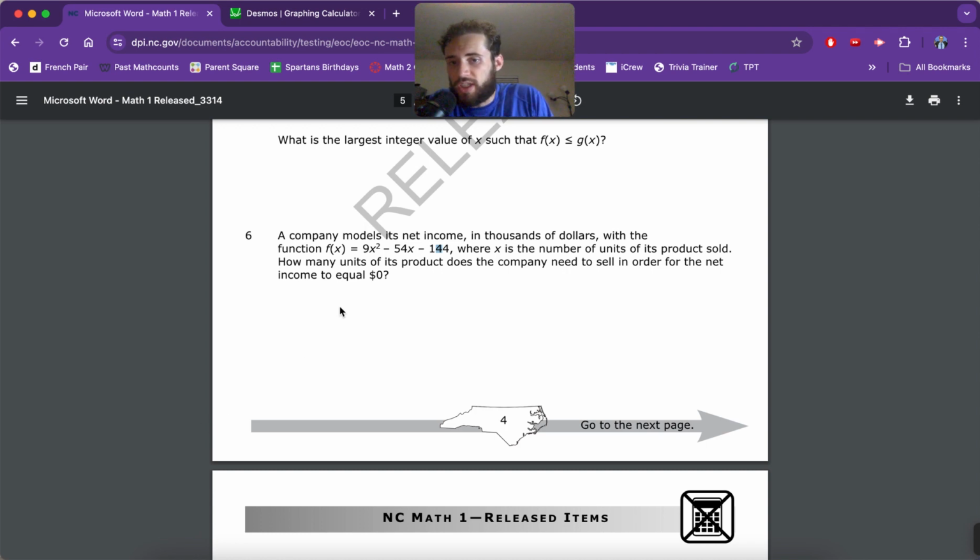If you want to check that, just plug 8 into this. So you'd get 9 times 64 minus 54 times 8 minus 144. That's going to give you 0. Just to confirm that, let's see. 64 times 9, we could say it's 640 minus 64, which would be 576.